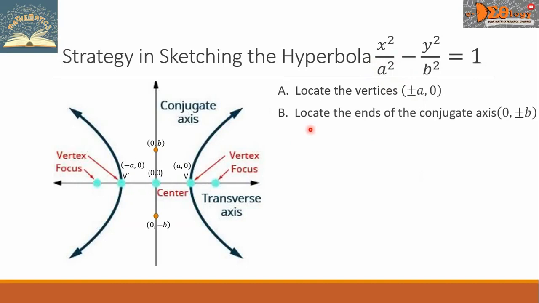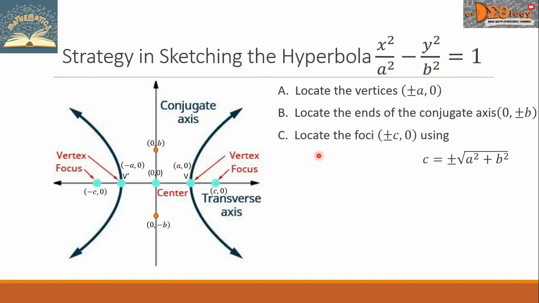Letter B, locate the ends of the conjugate axis. The coordinates are 0, plus or minus b. The value of b can be taken by taking the square root of the denominator of y squared.